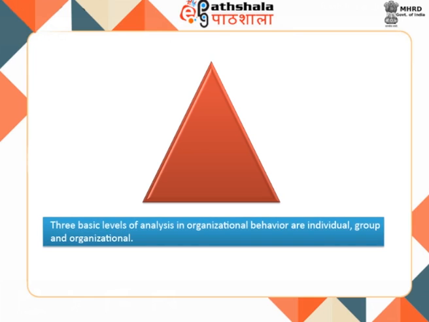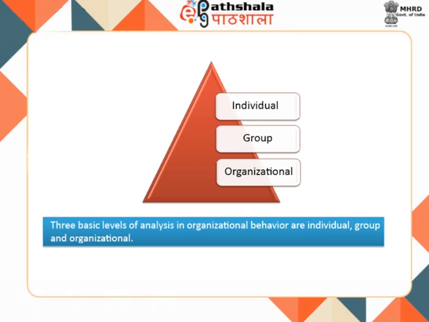The three basic levels of analysis in organizational behavior are the individual, group, and organizational. Organizational behavior is concerned with the individuals as employees, as groups or team members, and the broader organizational processes.